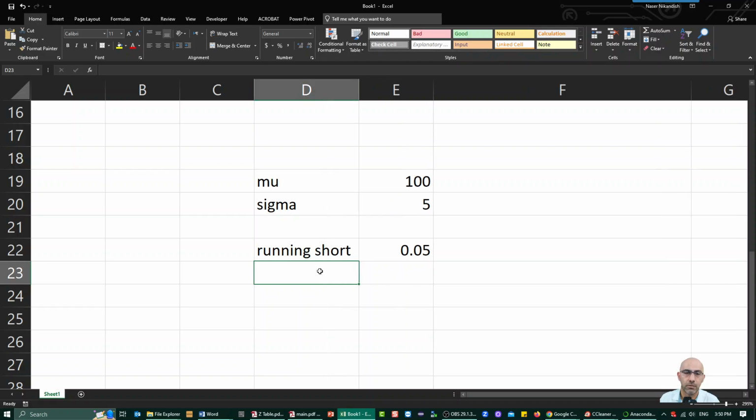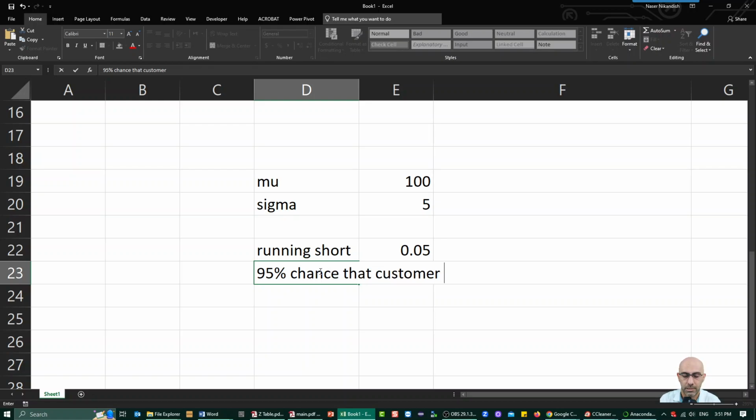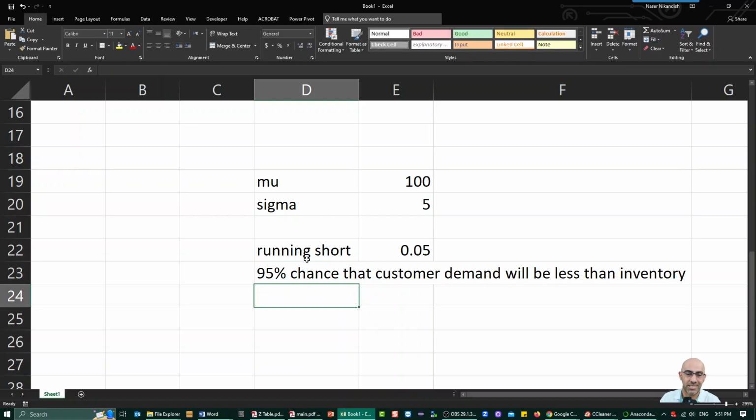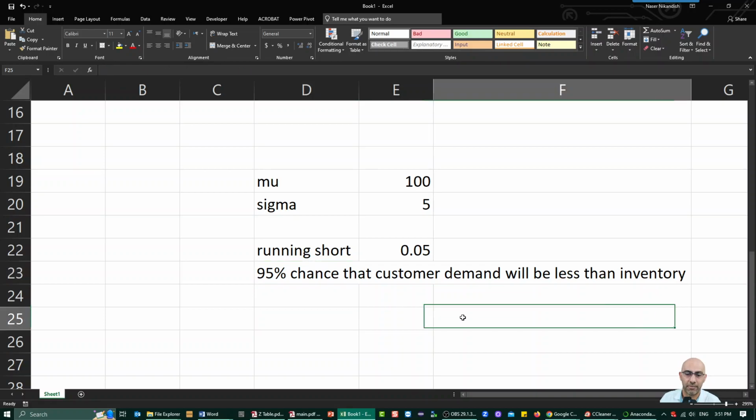It means that there's 95% chance that customer demand will be less than inventory level. The question is, how much inventory should I have? You see that again, probability is given to you.